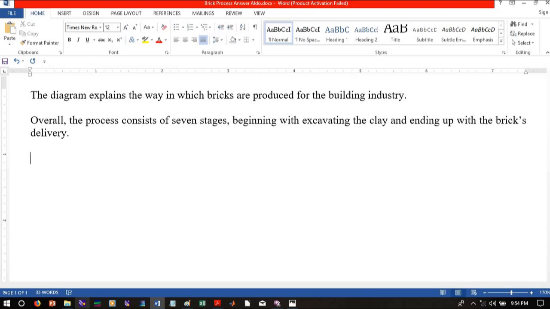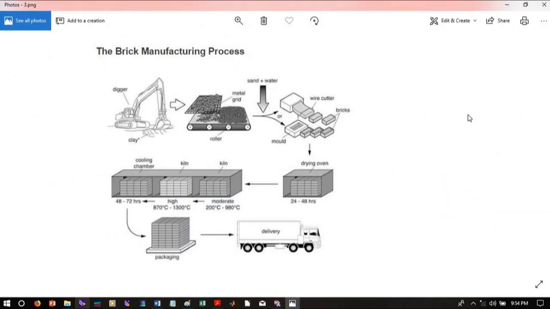And now we move to the third step, which is to define our first part. For me, if I see the process diagram here, I define the first part from the digger and clay until the mold, wire cutter, and bricks, which is this one here. This is my first stage.